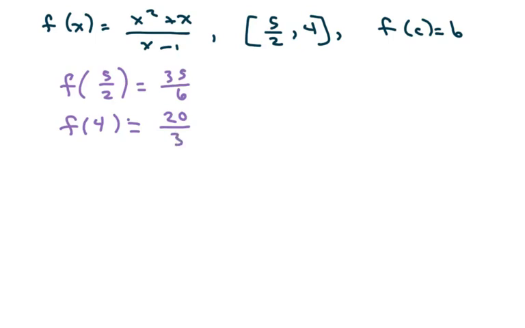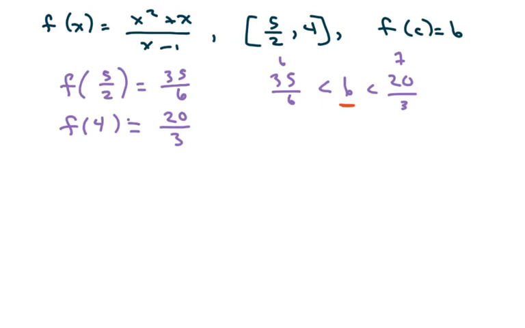So we know 6 is in between 35/6 and 20/3. This is a little less than 6, and this is less than 7. You can use a calculator, but you can kind of just look at that.